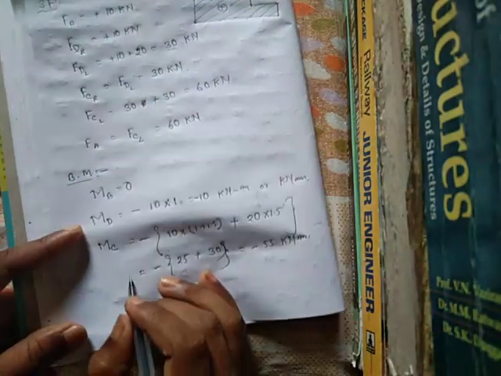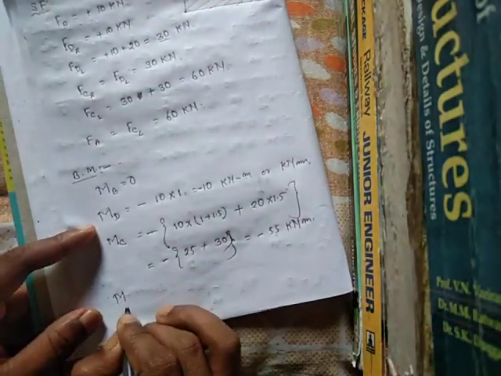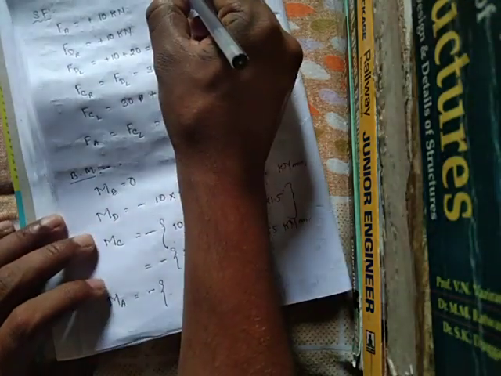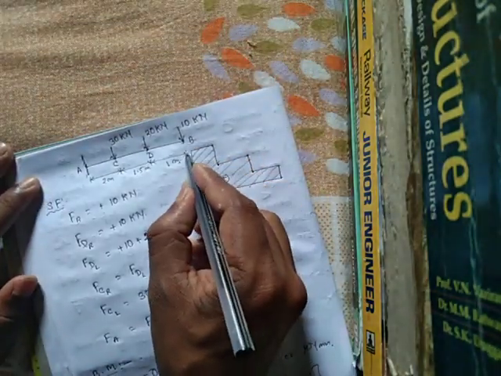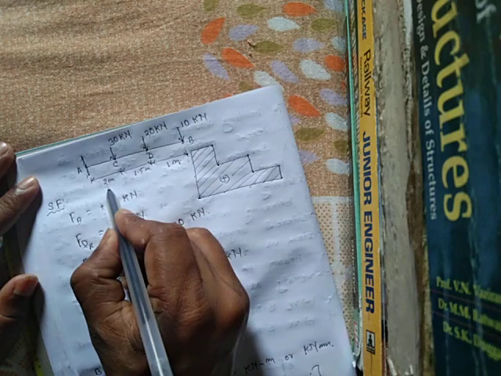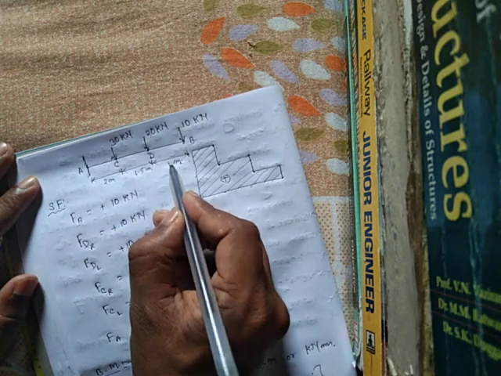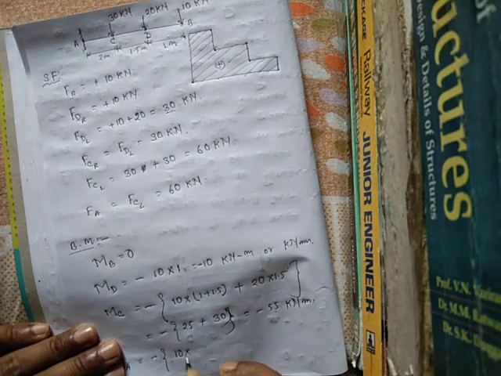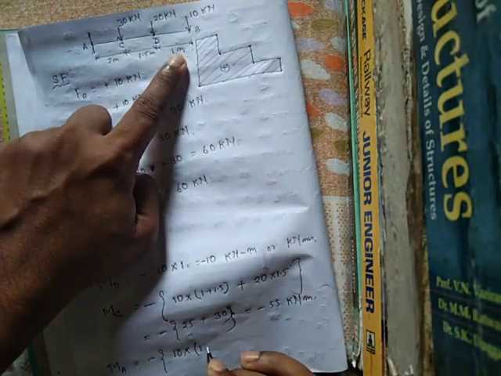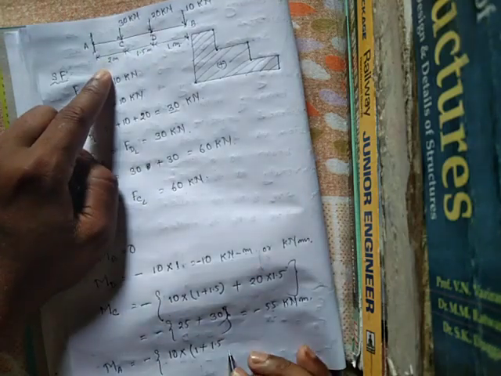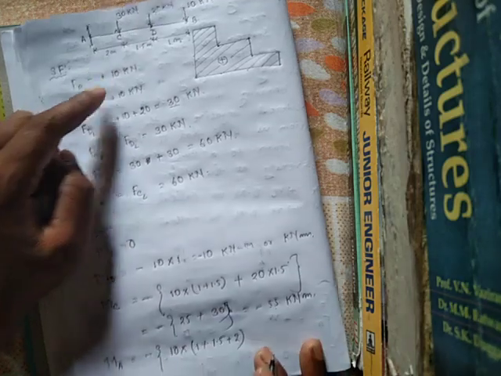Now the bending moment at point A is minus point load at point B, 10, into perpendicular distance from B to A, that is 1 meter plus 1.5 meter plus 2 meter, that means 4.5 meter.